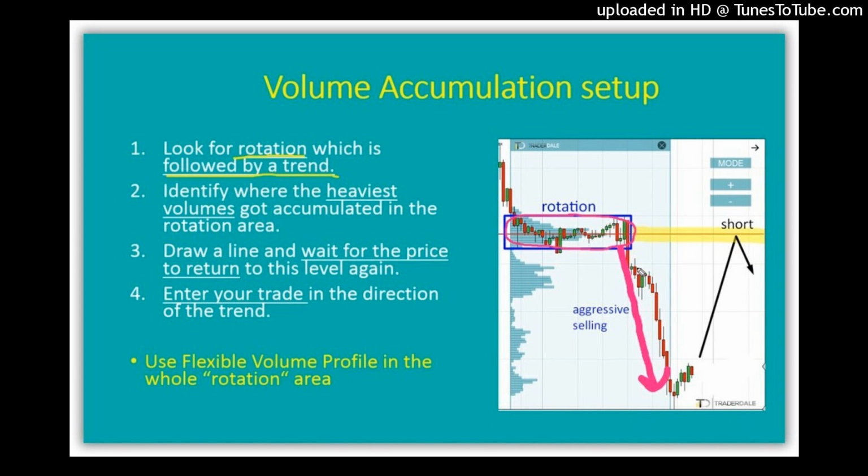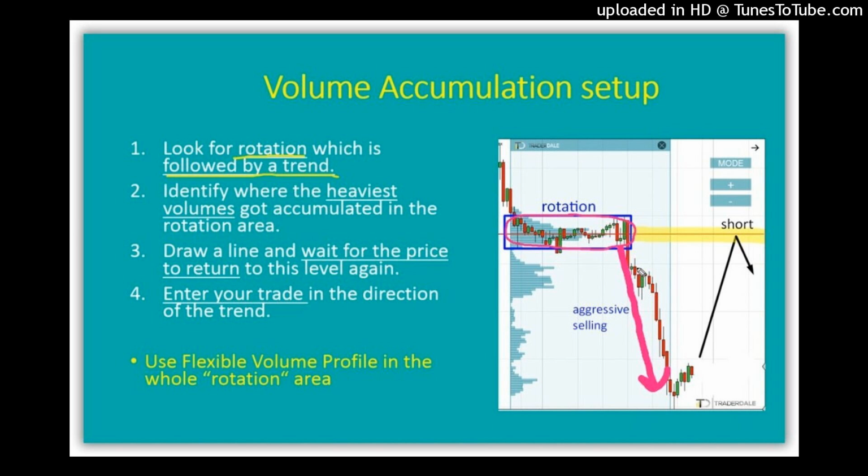The last thing to be careful about is the levels which go clearly counter strong trend. Meaning, if there is a strong uptrend, then there is some rotation and some selling activity. Not strong, but only like moderate selling activity, moderate downtrend. Then the price quickly reverses, and let's say this is the level.